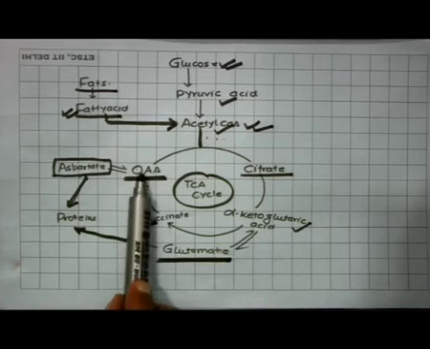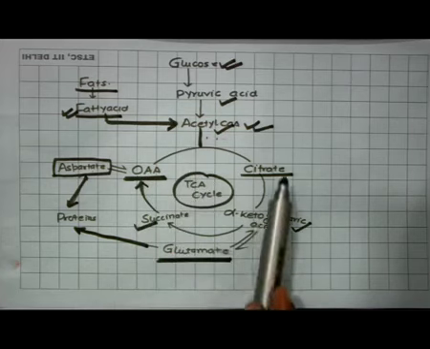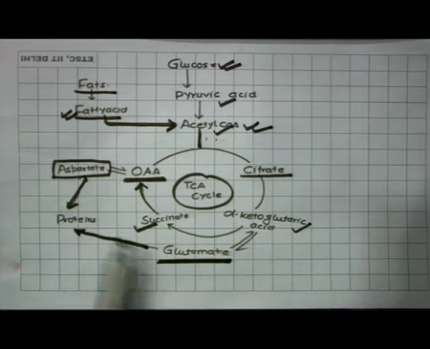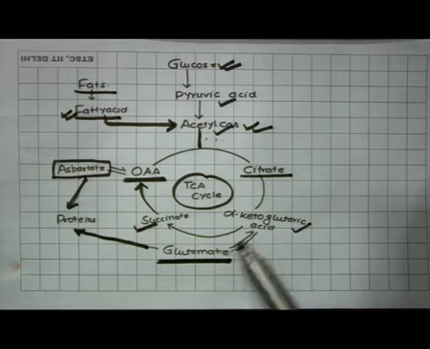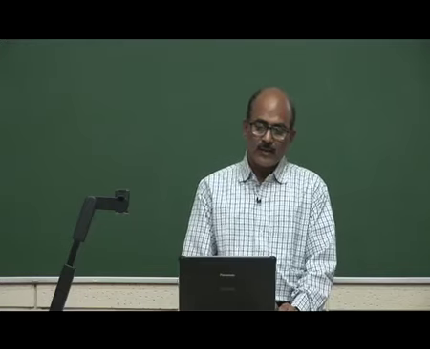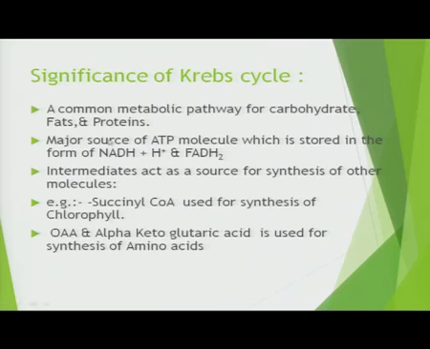This oxaloacetic acid combines with acetyl coenzyme and forms citrate. Protein is converted into glutamic acid, this glutamic acid is converted into alpha ketoglutaric acid, which is directly involved in the TCA cycle. So, we can say it is a common metabolic pathway for carbohydrate, fat and protein.